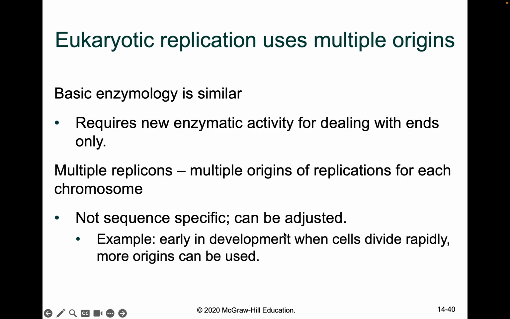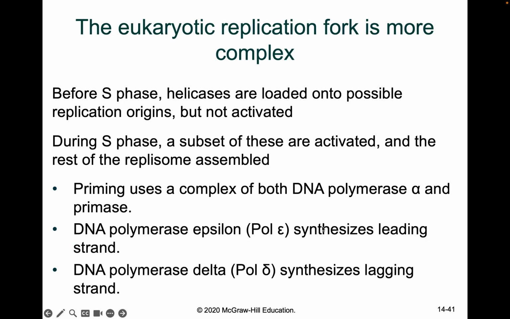And of course, this can actually be adjusted. Before the S phase, before DNA replication starts to happen, you first get helicases. Remember these enzymes? They were the ones that open the double-stranded DNA into single strands. They are basically loaded up, and nothing is happening. They're not activated.